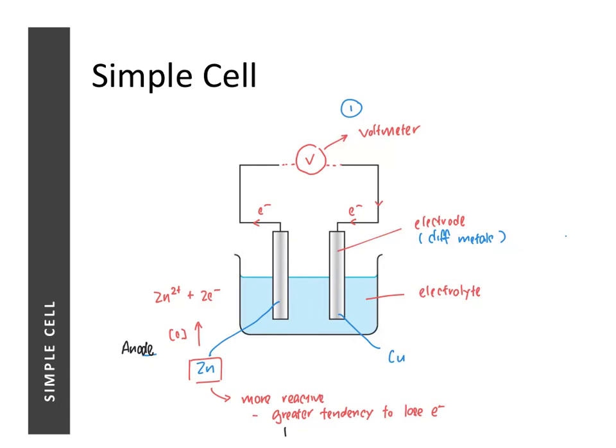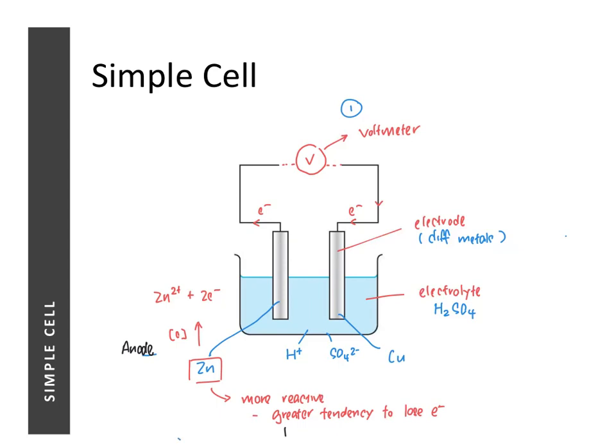The electrolyte in most simple cells is an aqueous acid. If we look at, for example, sulfuric acid as the electrolyte, the ions present will be H+ and SO4 2-. Of these two ions, which one can potentially be reduced, or take in the extra electrons at your copper electrode?